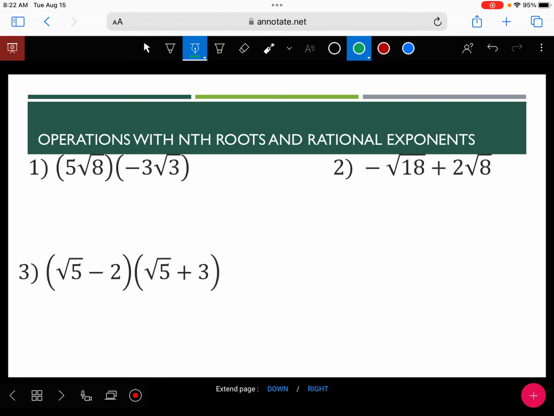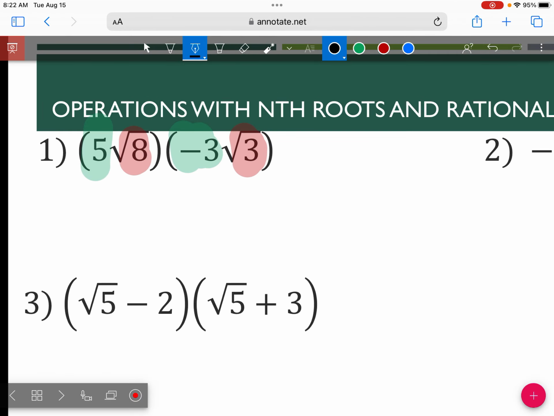So in this example, I would multiply the 5 and the negative 3. And then I'm going to multiply what's underneath my square root. So if I multiply 5 times negative 3, I get negative 15. And then 8 times 3 is 24.